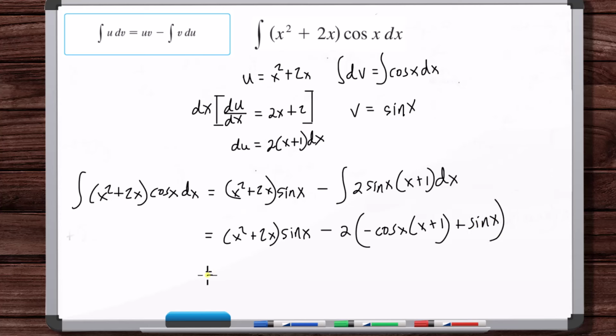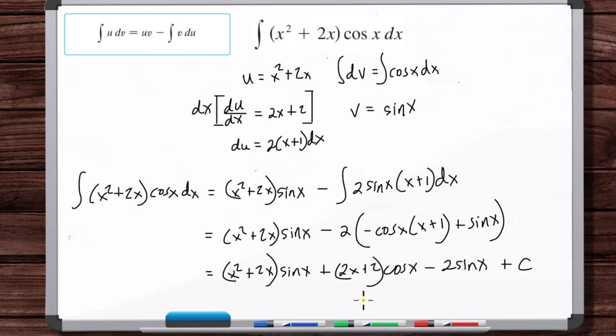Okay, so x squared plus 2x sine x plus, let's just do 2x plus 2 cosine x minus 2 sine x. All right, so that's capital F of x, and we just put plus c. And that's it.